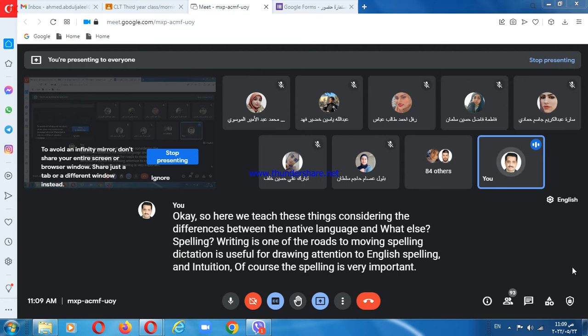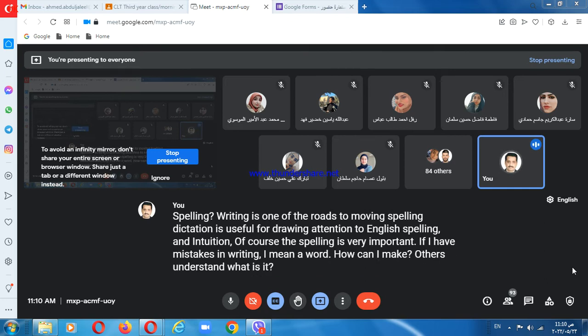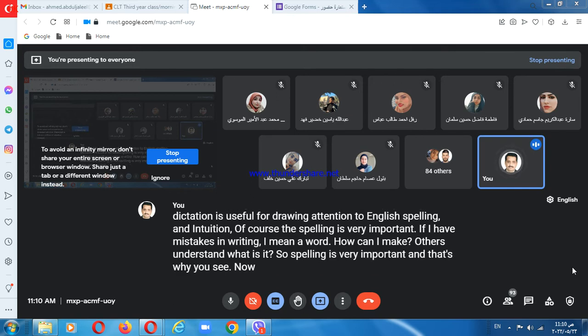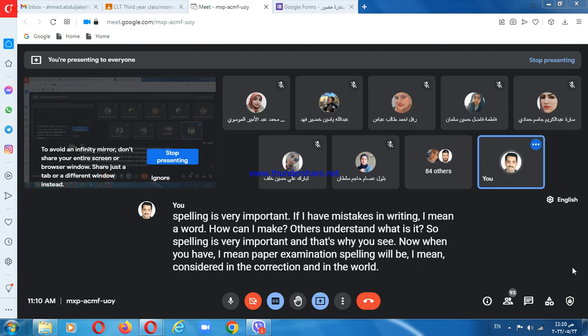If I have mistakes in writing a word, how can I make others understand what it is? So spelling is very important, and that's why now when you have a paper examination, spelling will be considered in the correction and in the mark, right?